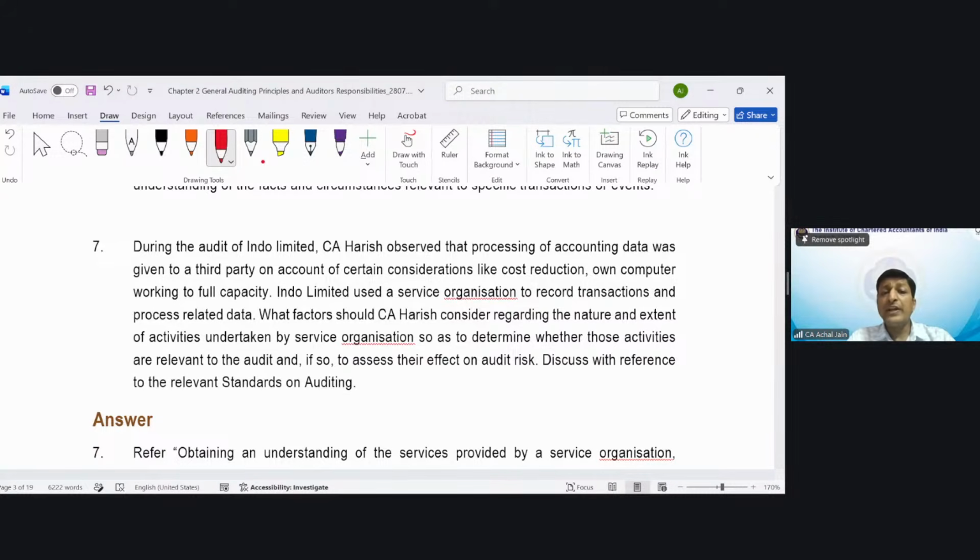So Indo Limited basically engaged a third party provider. So basically we are talking about a service organization here. So what was the role of the service organization in respect of these areas? Record the transactions, process the related data.